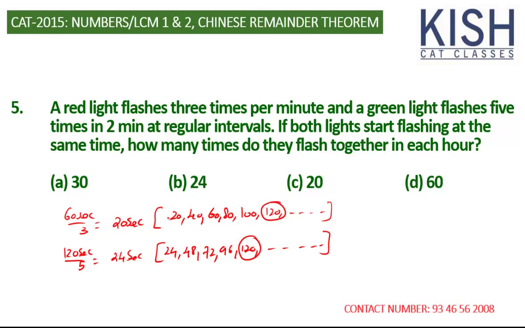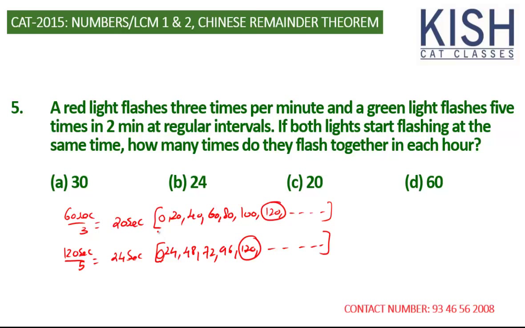Before this 20 it's going to be at 0, before this 24 it's going to be at 0. Now either we can take 0 as the first time they flash together, or we can say that at 120 seconds they flash together. That means the gap is 120 seconds. It means that every 2 minutes they come together.